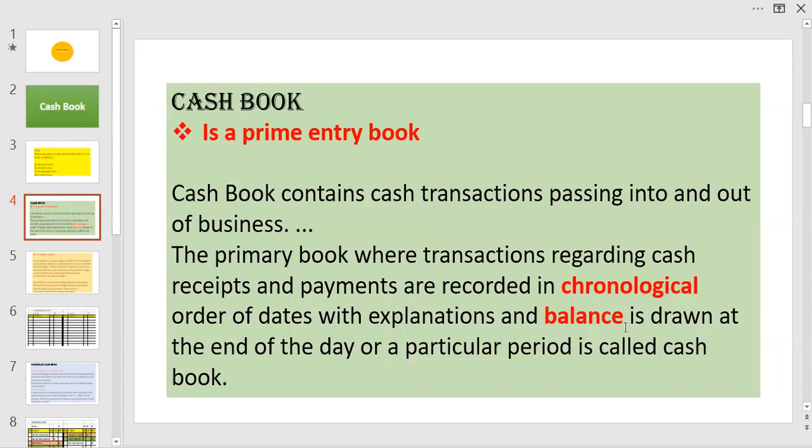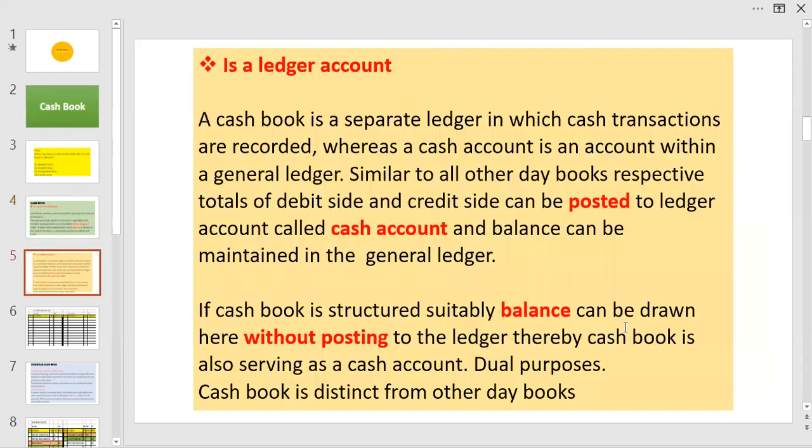Difference between a cash book and a cash account. Cash book is a separate ledger in which all cash transactions are recorded, whereas the cash account is an account within a general ledger. Similar to all other day books, respective totals of debit side and credit side can be posted to a ledger account called cash account, and the balance can be maintained in the general ledger.